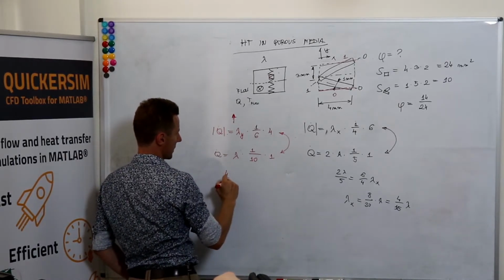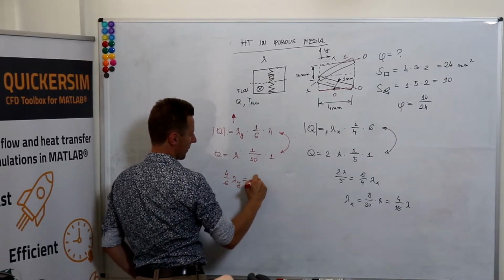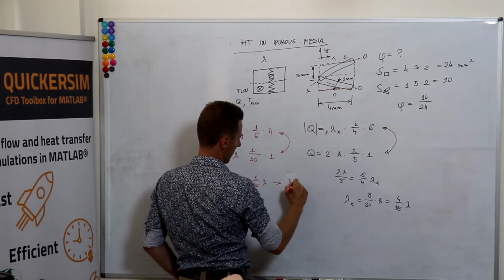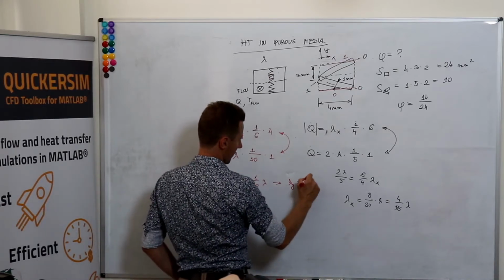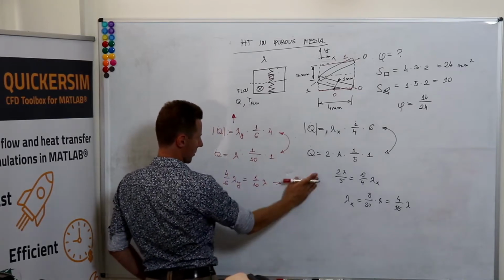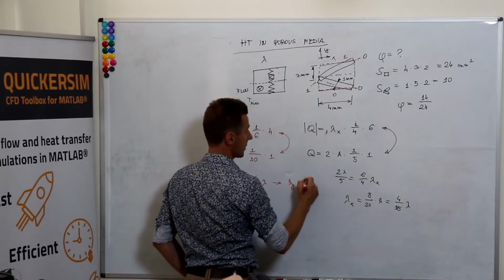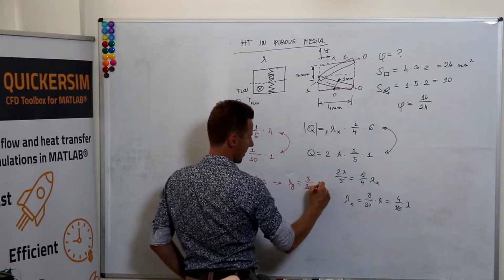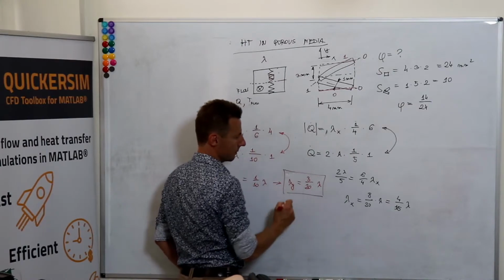So 4/6 lambda y equals 1/10 lambda, so lambda y equals 3/20 of lambda.